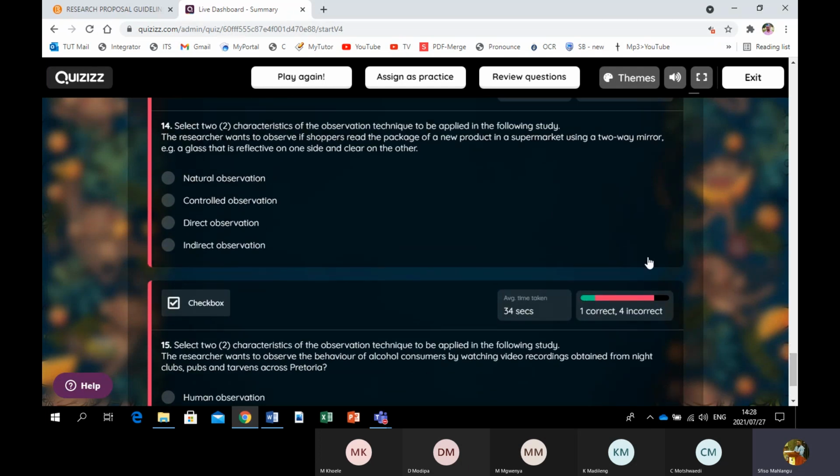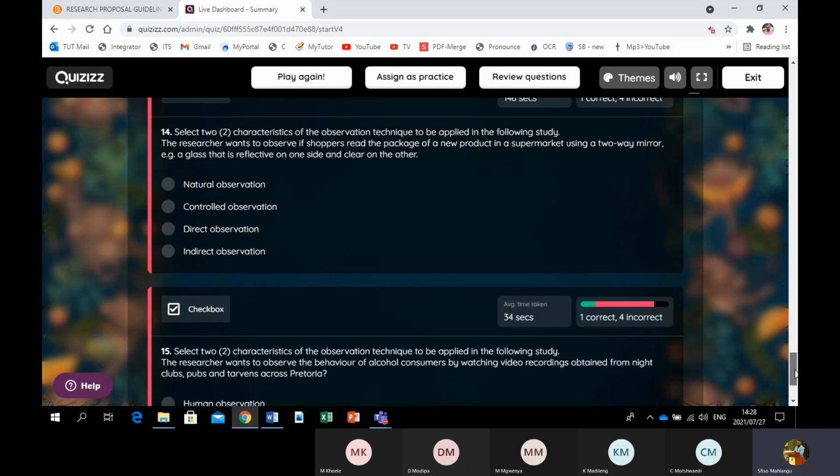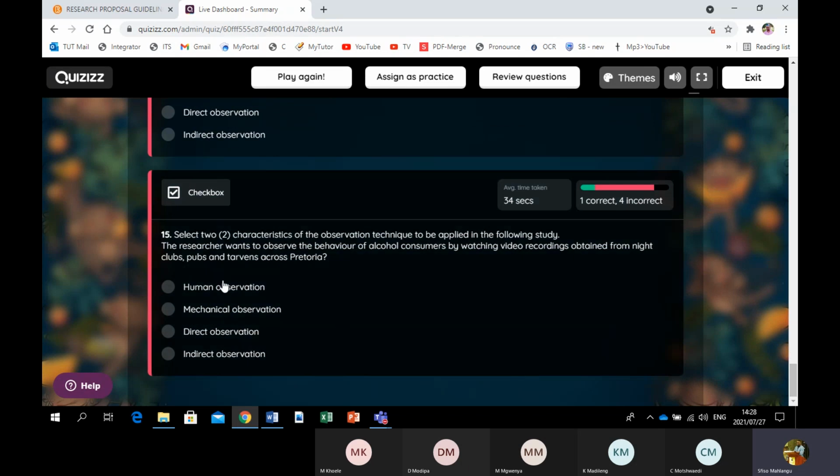So let's come to this question whereby we ask here, select two characteristics of the observation technique, that is question 15, to be applied for the following study. The researcher wants to observe the behavior of alcohol consumers by watching video recordings obtained from nightclubs, pubs, taverns across Pretoria.